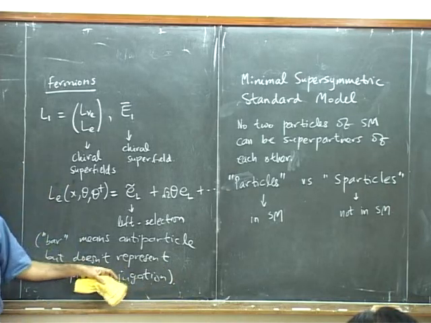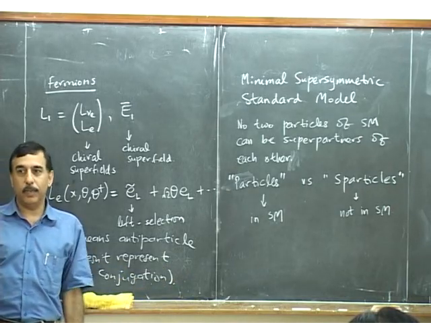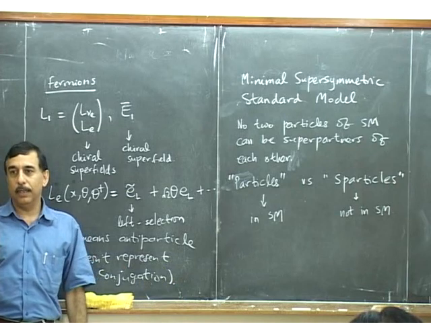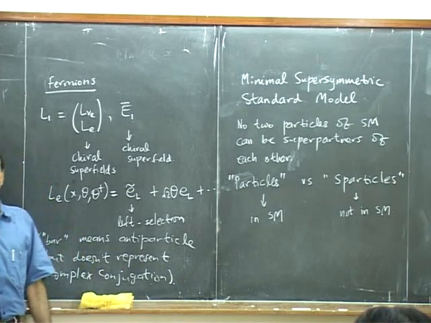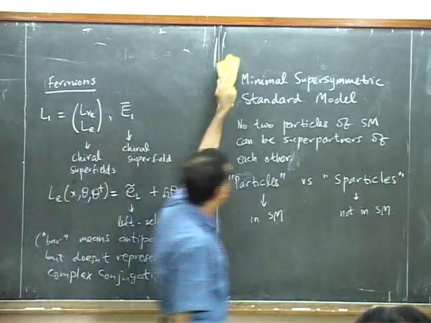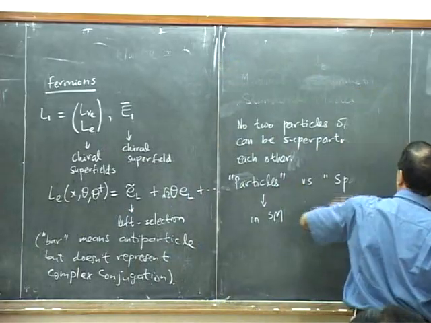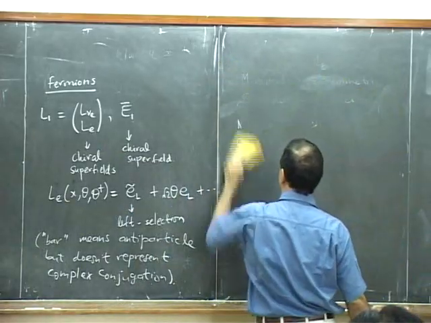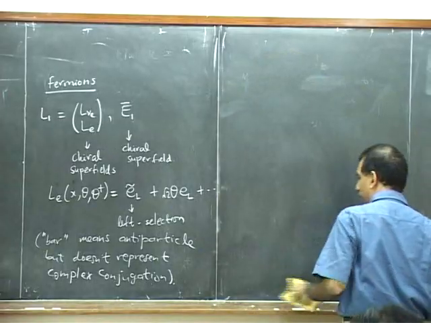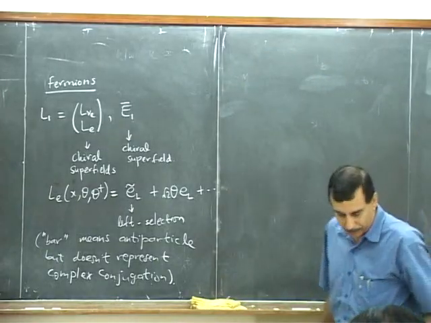And in this course, for this period, we are not discussing right-handed neutrinos because that's a whole separate discussion. So we are pretending that we are in the old MSSM in which neutrinos were exactly massless.